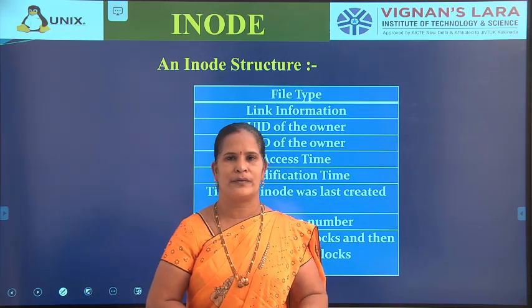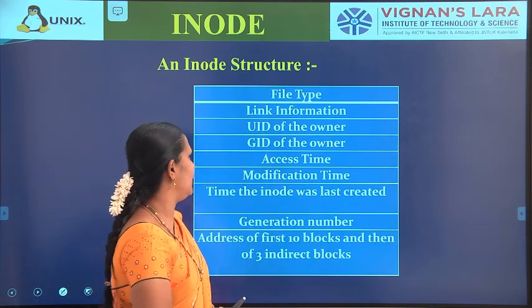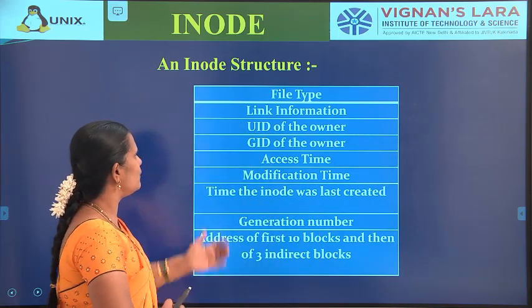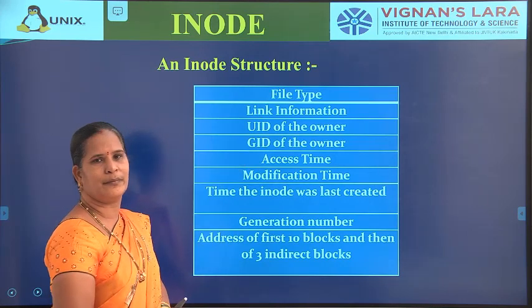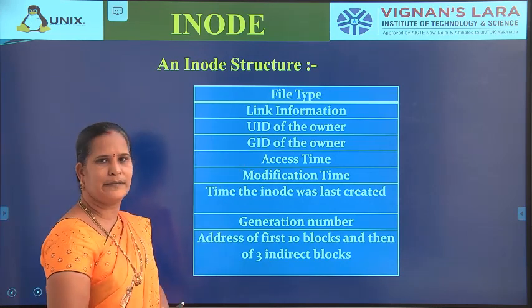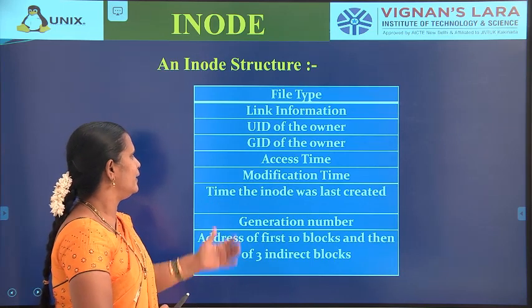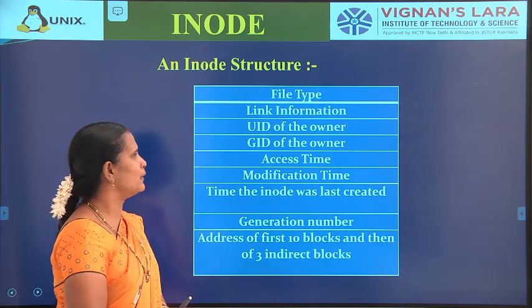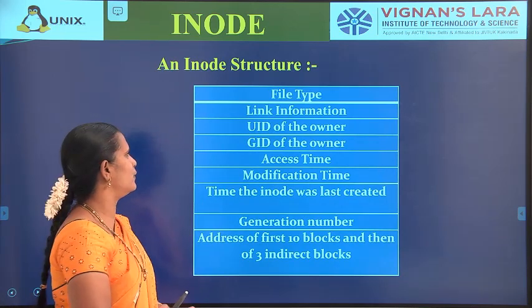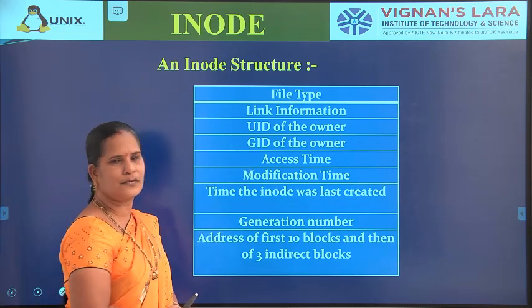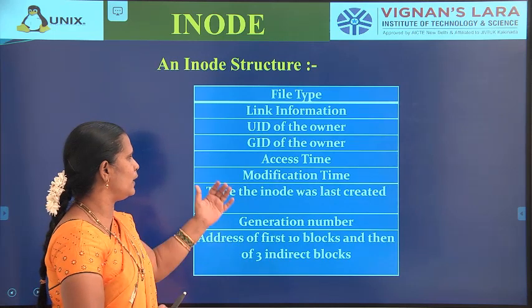Today we are going to discuss the structure of an inode. Observe the structure. The inode structure contains the file type, meaning whether the created item is a file or a directory. Next, the link information, whether the created file is linked to any other file or not. Then the user identification of the owner, that is, the UID of the owner.